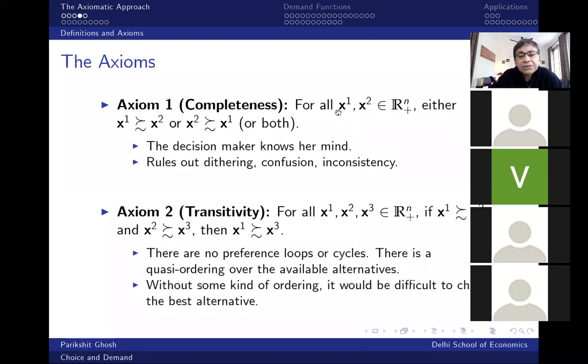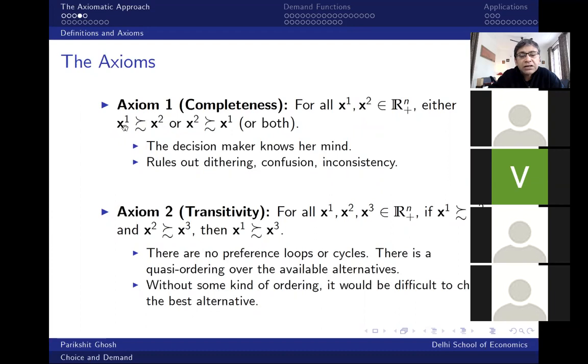The completeness axiom is saying that give the consumer any 2 consumption bundles, which means any 2 points from the positive orthant of the Euclidean space, Rn plus. At least one of these 2 has to be true.